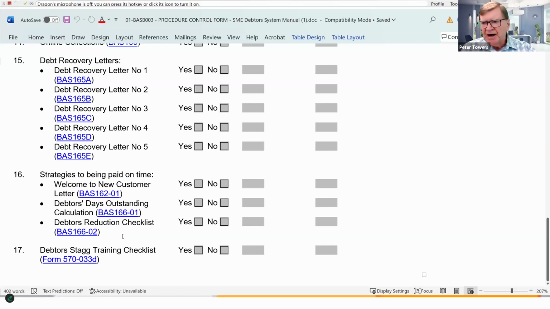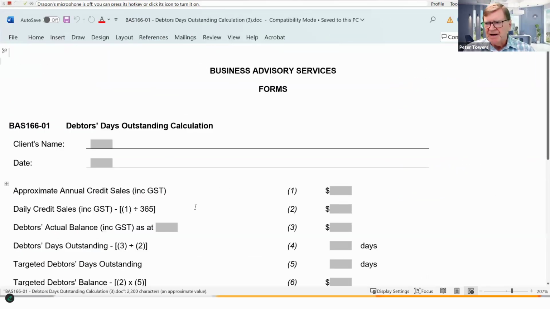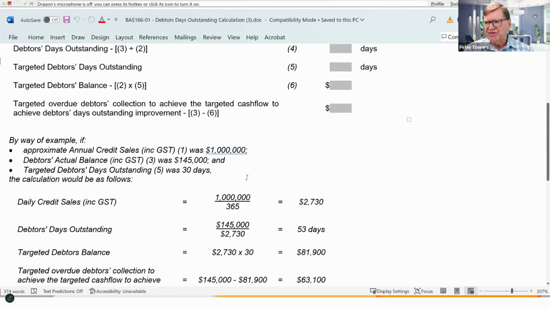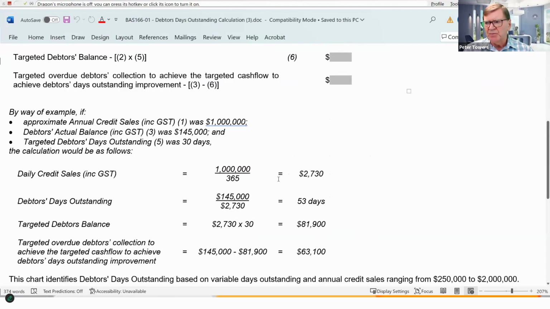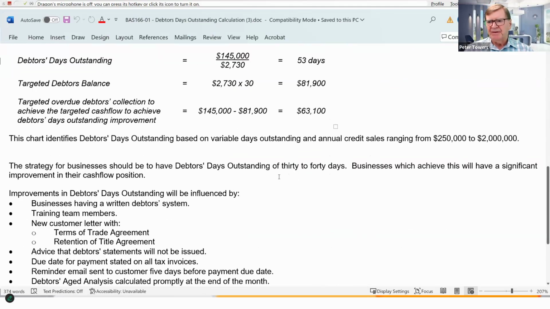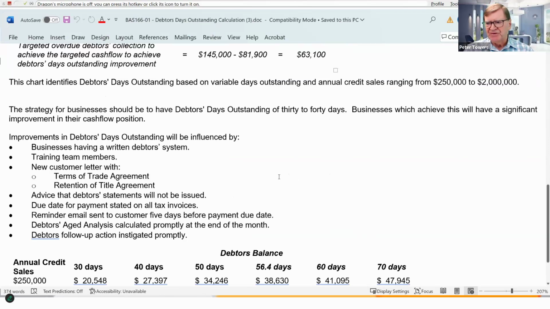We have a calculator to assist so your client understands how debtors' days outstanding has been calculated, because I found many people do not understand it. So that's the formula, and we then illustrate for them and indicate what it all means. But please go through and talk to your clients about that process.